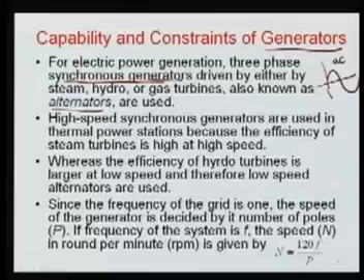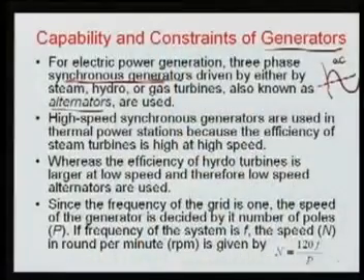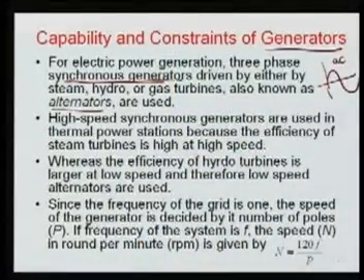High-speed synchronous generators are used in thermal power stations, or you can say steam turbines. Where steam turbines are used, we go for high-speed alternators, because the efficiency of the steam turbine is high at high speed, whereas it is reverse in the hydro turbines.